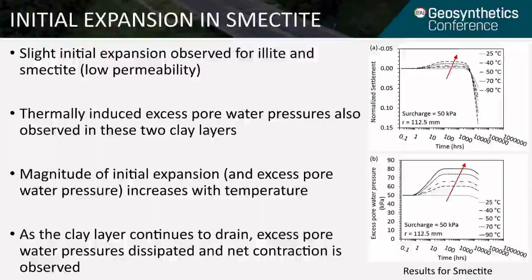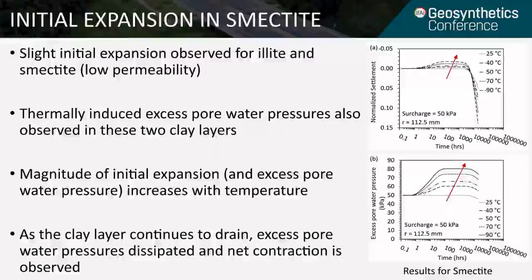So we investigated this a bit further by looking at the clay behavior at different temperatures. The figures here show the results for smectite, focused on the initial period during consolidation. The top figure shows the time series of the normalized settlement, and the bottom one shows the corresponding excess pore water pressure profile.